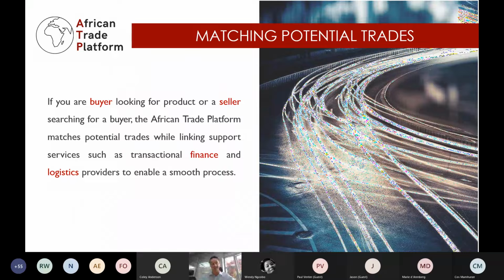Buyers transfer funds and products are sent to the buyer, but practically that's not the case. And that's where African Trade Platform plays a vital role in the trade process by sitting in between the buyer and seller as the trusted partner, where full verifications are done on the seller as well as the buyer, which is a process that I'll run through shortly. If you could go to the next slide, please.